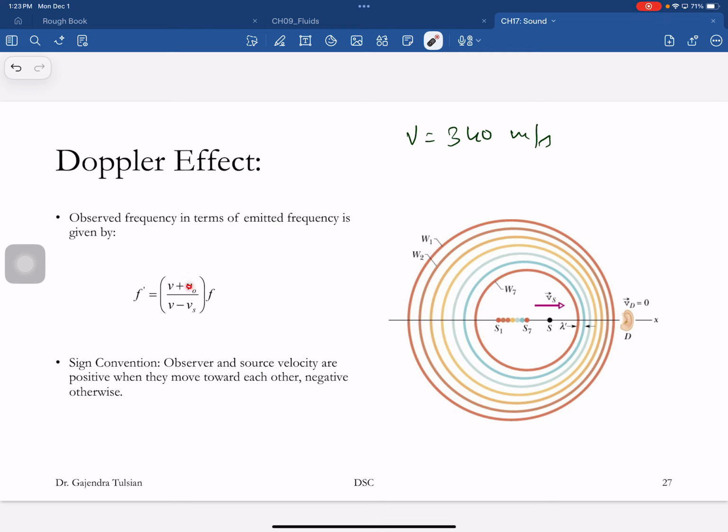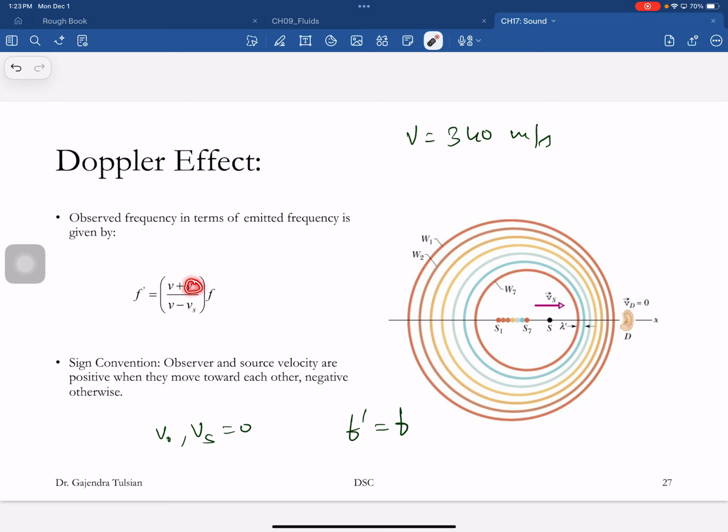If both the observer and source are at rest, this will be 0, and the perceived frequency will equal the emitted frequency. So if both the observer and the source are at rest, f prime equals f. The frequency that you hear is equal to the frequency of the source. By the way, here's the sign convention.